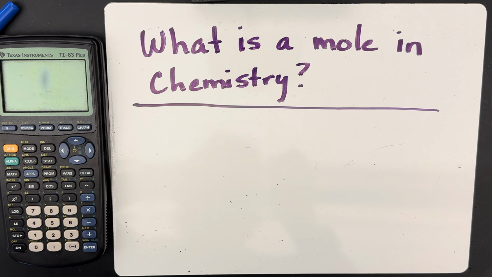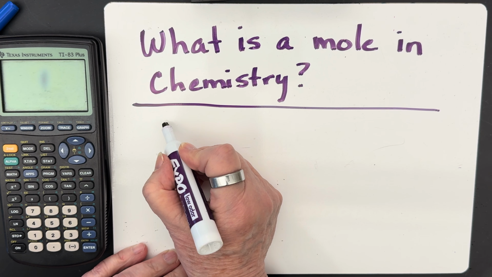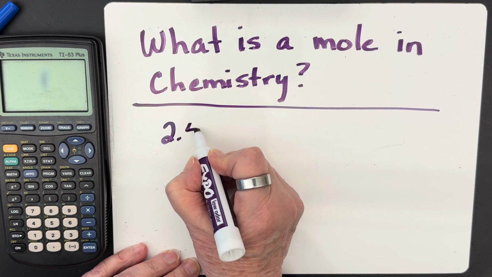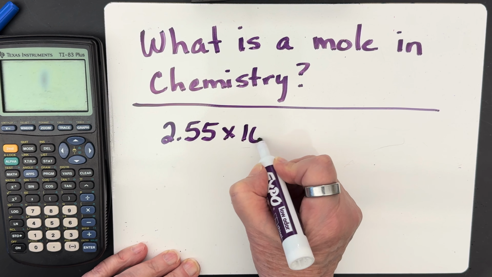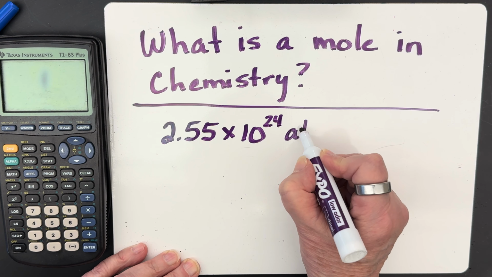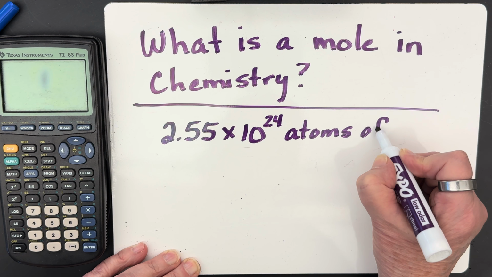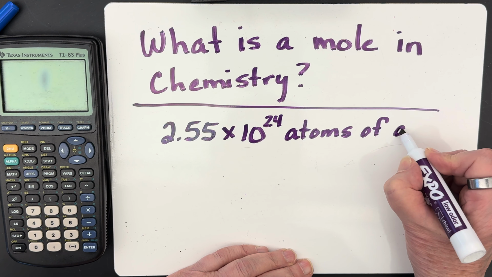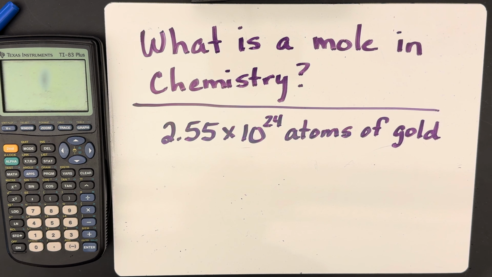So let's say we have 2.55 times 10 to the 24th atoms of gold. How many moles is that?